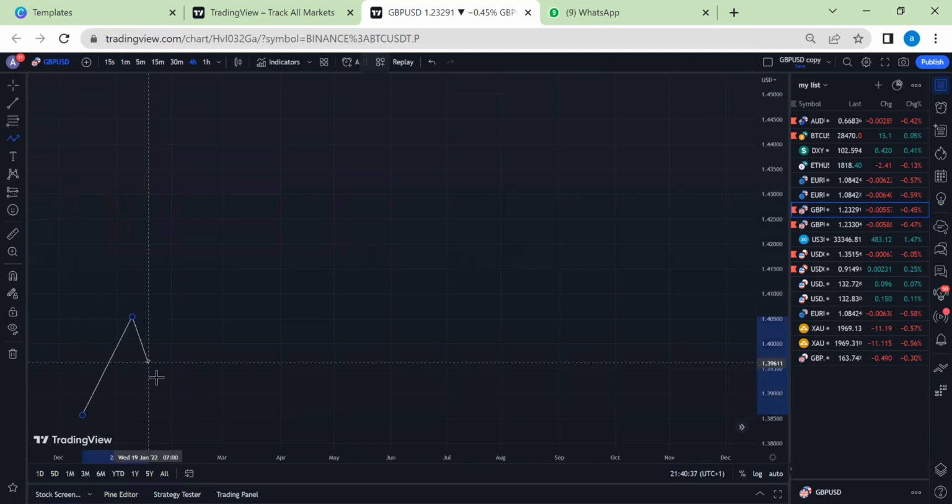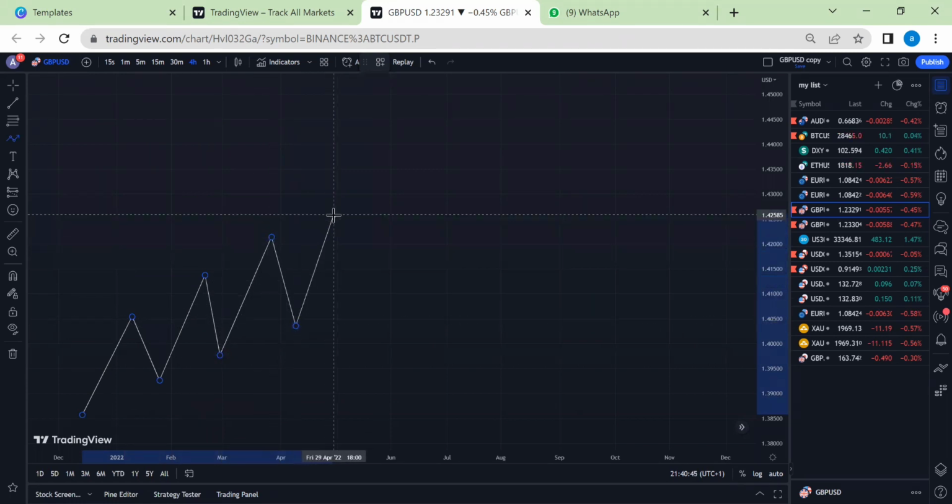So when price is moving up, creating a higher low, higher high, higher low, we are in an uptrend, because higher high starts to attack higher low, but higher low keeps protecting itself. Okay.